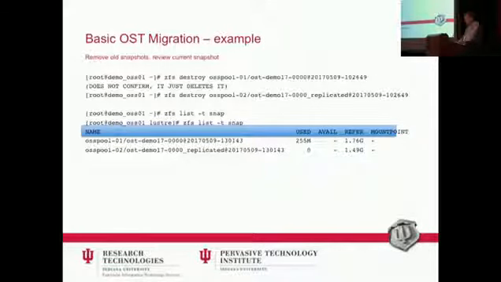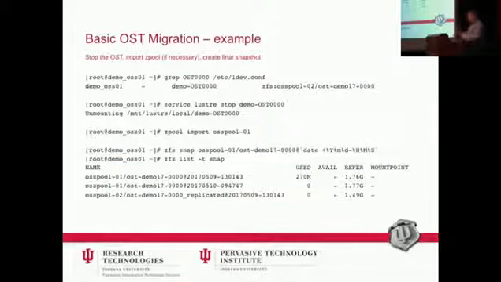The ZFS destroy command, which is how we're cleaning up the snapshots, as it's noted there, is not going to ask you, are you sure, or did you type it right? It's just going to delete it. So please make sure that you have the syntax correct before you issue that. And then you can follow up with your ZFS list command to see, did it delete the snapshot that I expected it to.